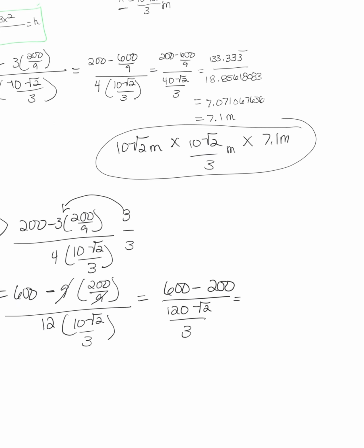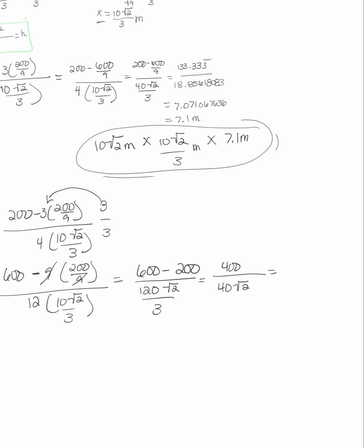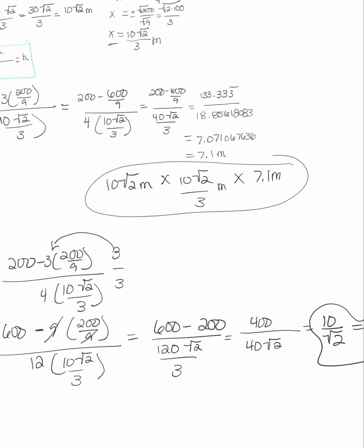So we know 120 divided by 3 is 40 root 2, and 600 minus 200 is 400. And so if you say 400 divided by 40 root 2, that's going to be 10 root 2. And that would also be your answer if you don't want to go through the calculator jazz.